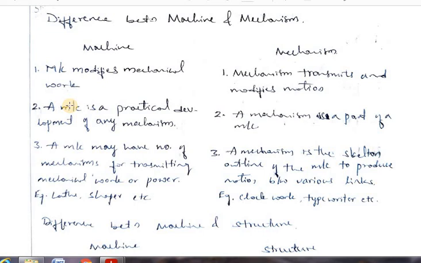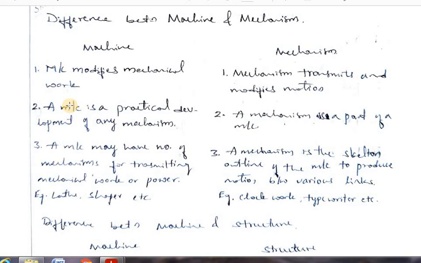Third one, a machine may have a number of mechanisms for transmitting mechanical work or power, for example lathe, shaper machine, etc. Whereas a mechanism is the skeleton outline of the machine to produce motion between various links, for example a clock that works using a mechanism, and a typewriter are again mechanisms, where it provides relative motion between the various links, but the machine uses mechanisms for transmitting mechanical work or power.